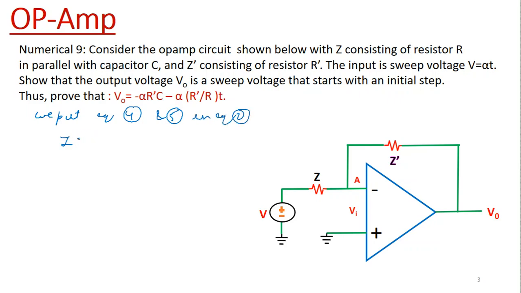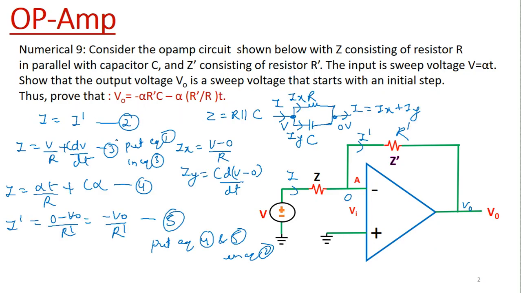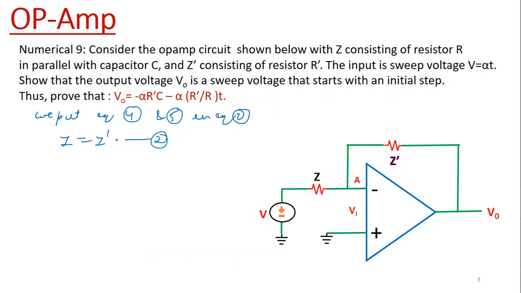Our equation number 2 is I is equal to I dash. So what we got, we write here, I is equal to alpha T by R plus C alpha, which is equal to minus VO by R dash.